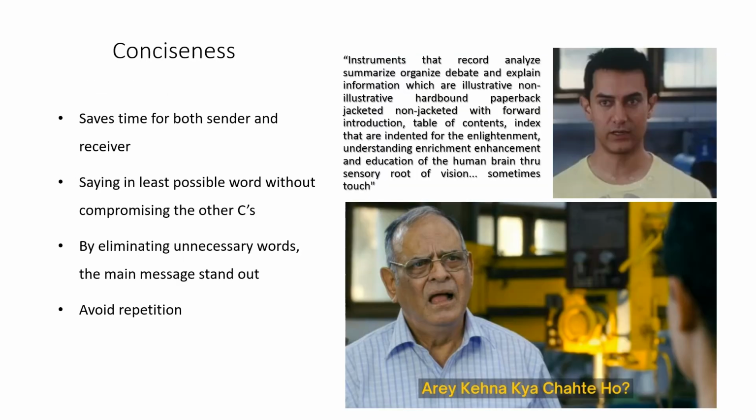The message should be concise. In the famous movie Three Idiots, you might remember this scene when the teacher puts Aamir Khan out. Then Aamir Khan comes back in and he tells that he wants to take back the instruments that record, analyze, summarize, organize, debate and explain information, which are illustrative, non-illustrative, hardbound, paperback, jacketed, non-jacketed, with foreword, introduction, table of contents, indexed, that are intended for the enlightenment, understanding, enrichment, enhancement and education of the human being through the sensory route of vision, sometimes touch.